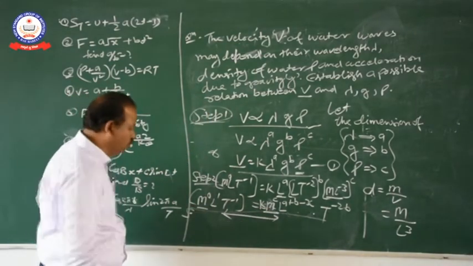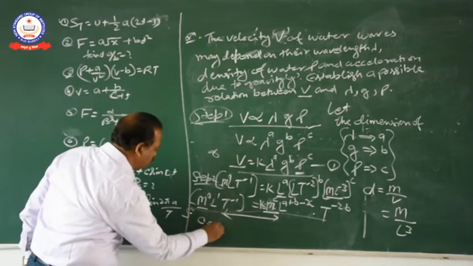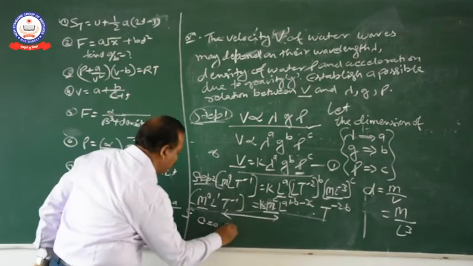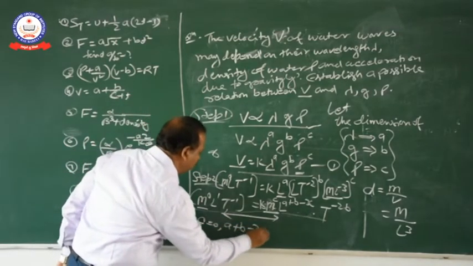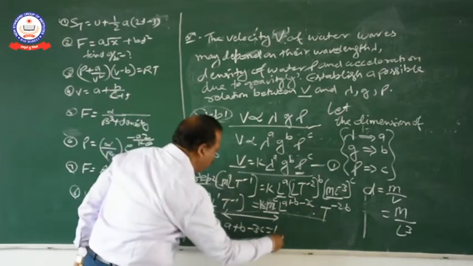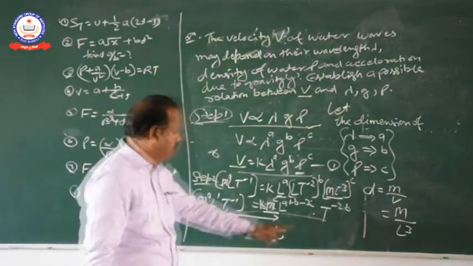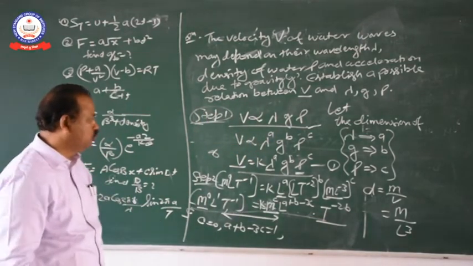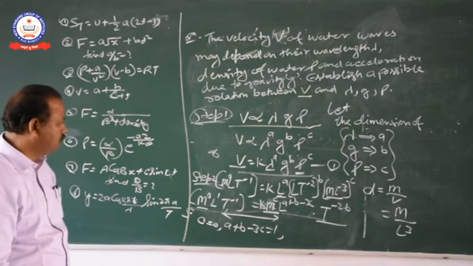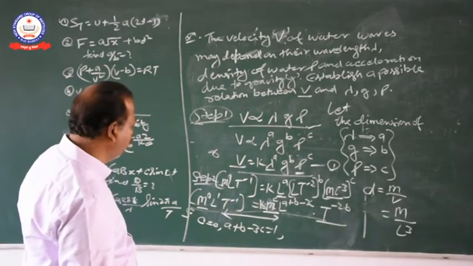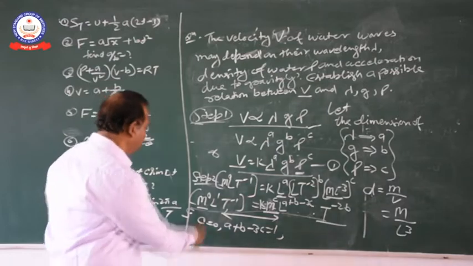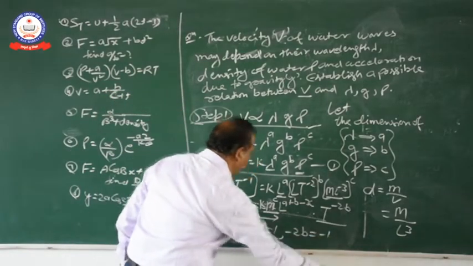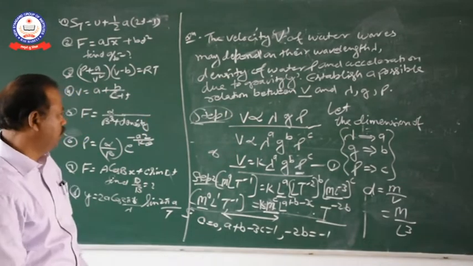Here M raised to power 0, so C is equal to 0. Here L raised to power A plus B minus 3C is equal to 1, and here T raised to power minus 2B, minus 1, so minus 2B is equal to minus 1.